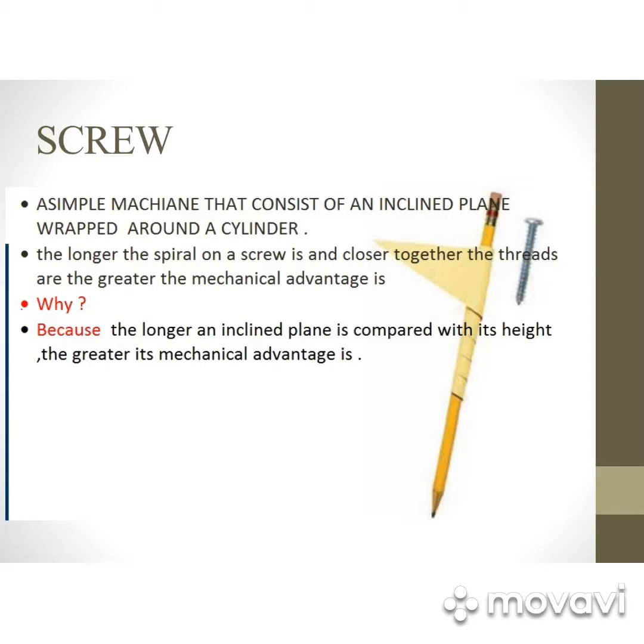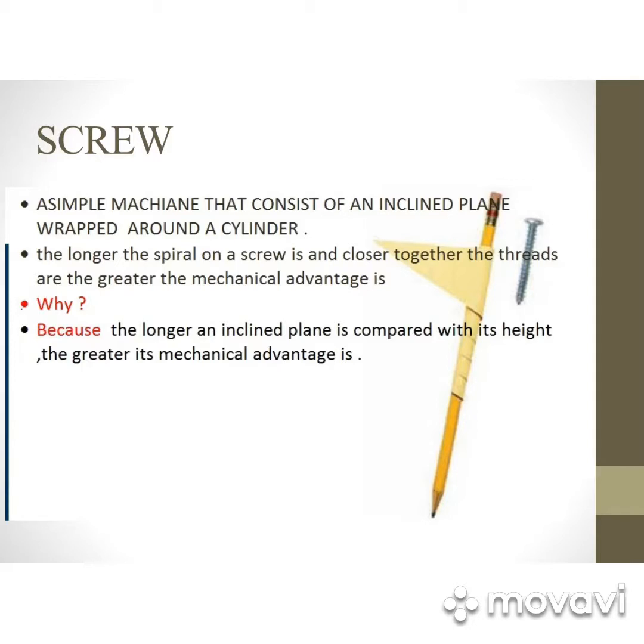So I want you to unwind that paper around that pencil. If you could unwind that, you will see that the inclined plane, the paper, is very, very long and has a gentle slope. The screw is the same. If you unwind the inclined plane of a screw, you would see that the plane is very, very long and has a gentle slope.